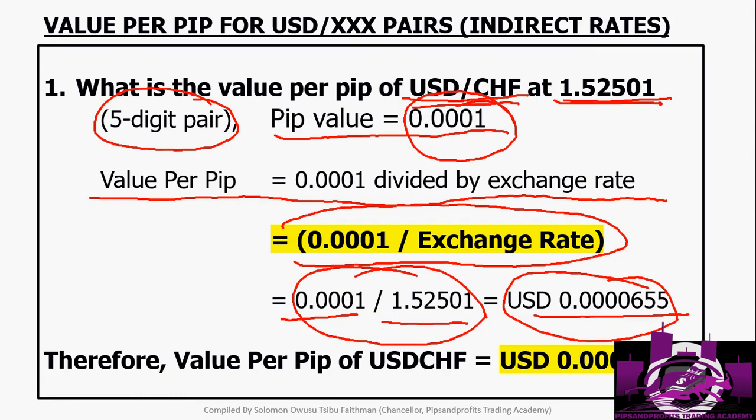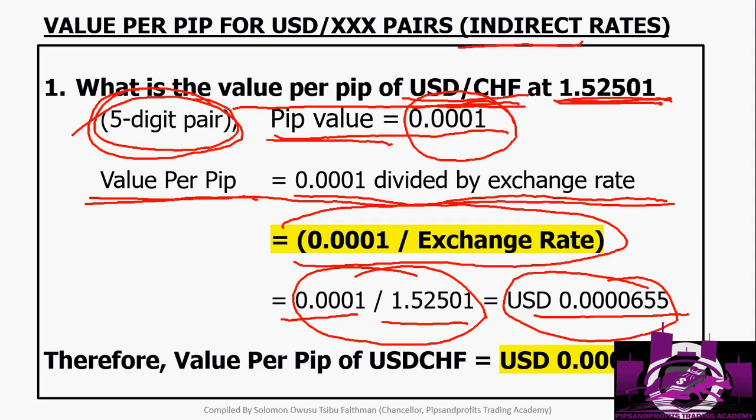All right. Let me take it once more for those who didn't get it. This is an indirect rate. We are looking for the value per pip of USD CHF at this particular point. Now, USD CHF has 5 digits. Because it is a 5-digit pair, our pip value is 0.0001. Our formula for value per pip is 0.0001 divided by the exchange rate.